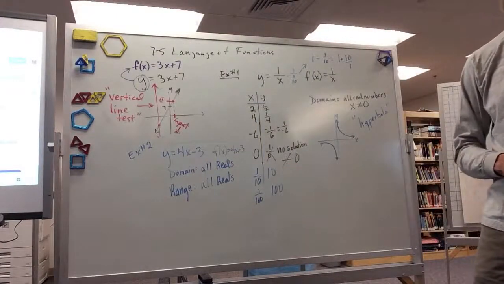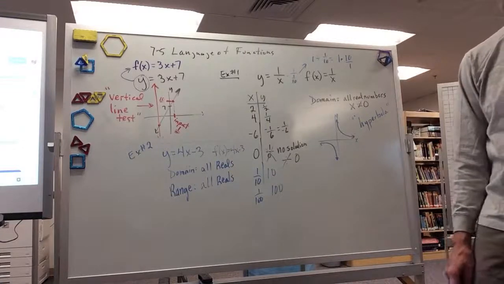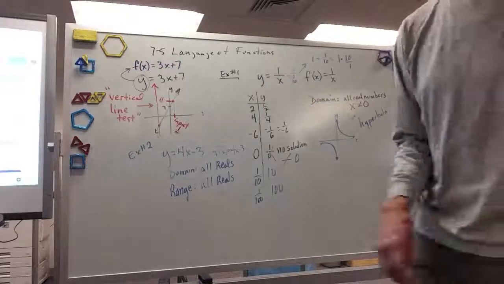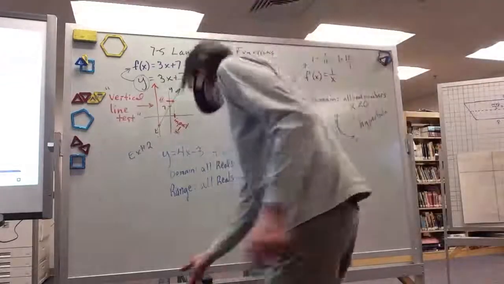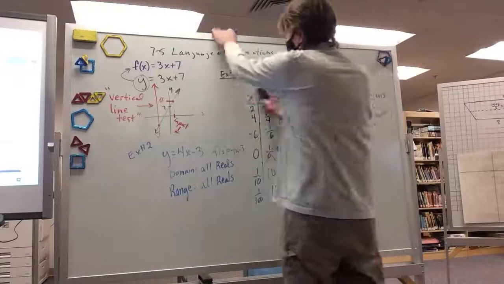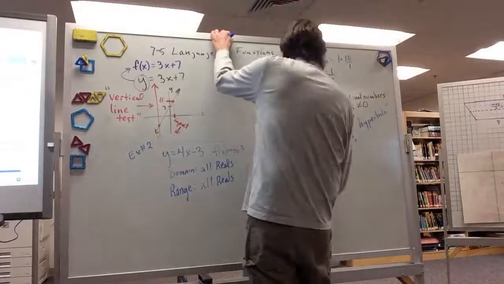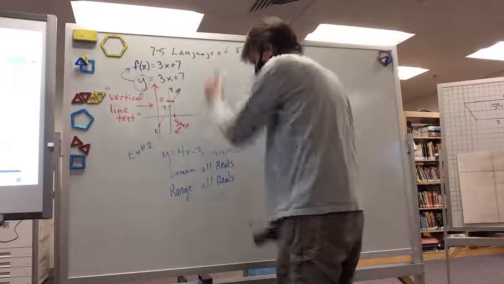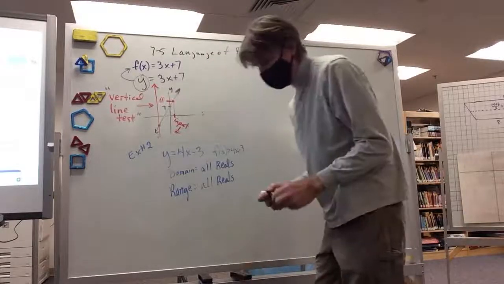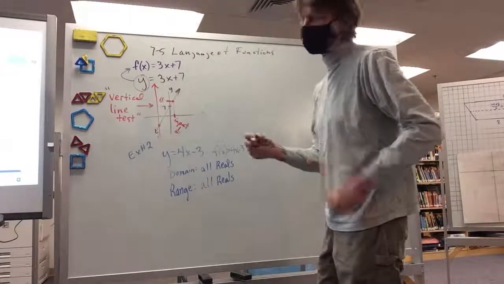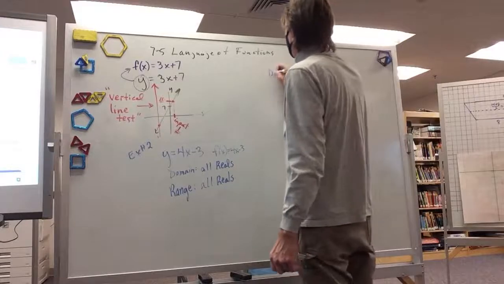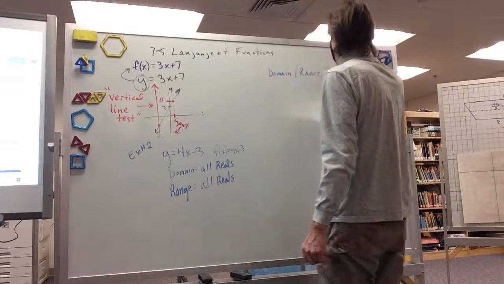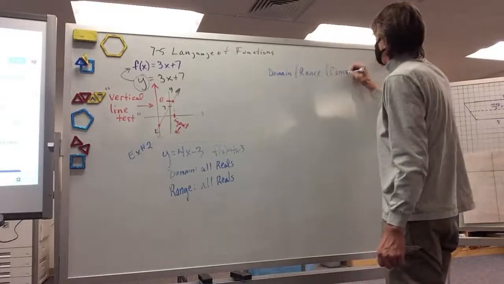So that kind of leads us into, well, what are the different domain and ranges, the different groups of numbers? We've done that bit by bit, but we haven't really put them all in one place yet. So the commonly thought of groups of numbers for domain and range. These are the commonly used ones.